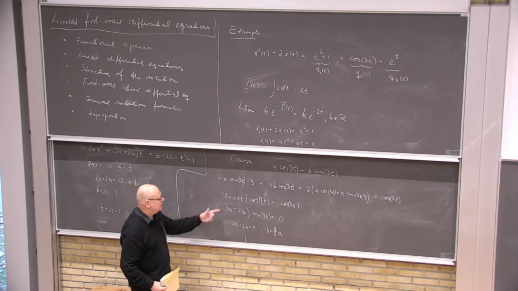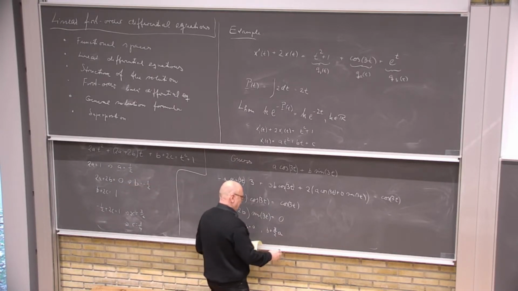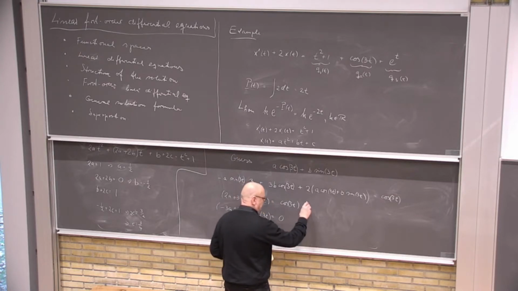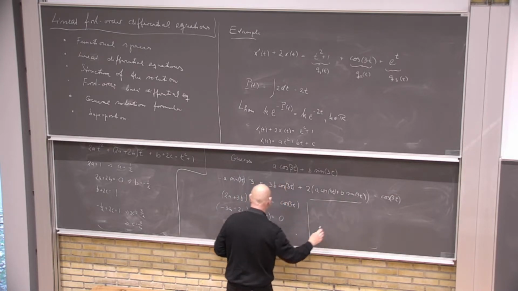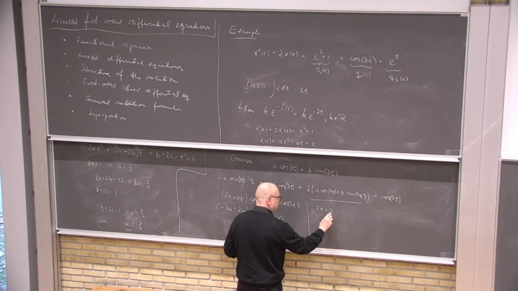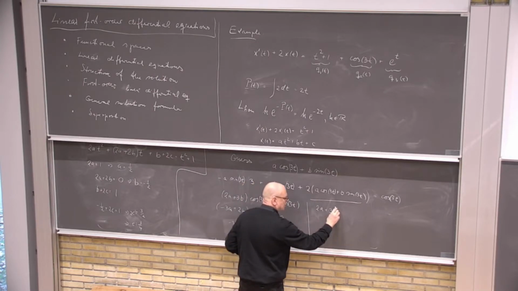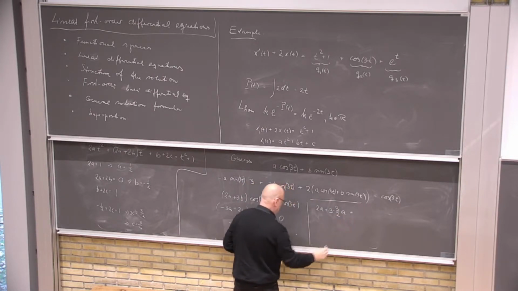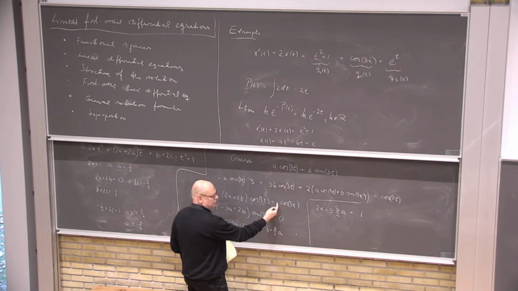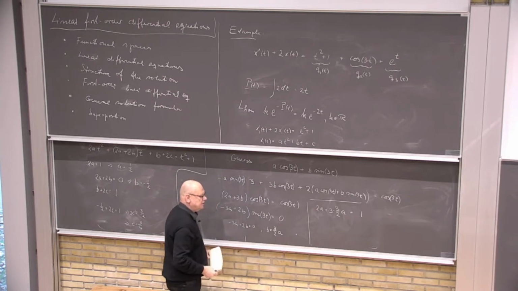And if I put this into the first equation, I get 2a plus 3 times 3/2 a, this is b, and this should be equal to 1. That is the coefficient on the right-hand side.